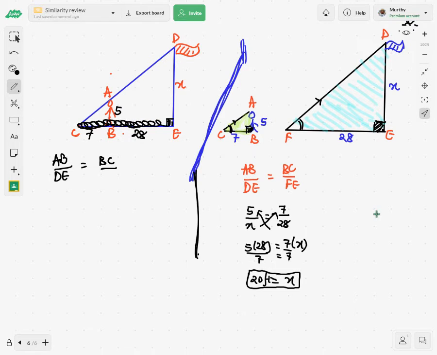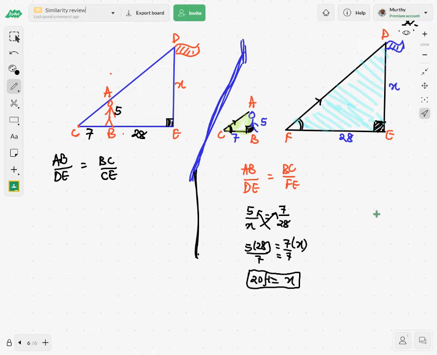Here most of you are making a mistake. You are taking BE, you are not taking CE. You are supposed to take CE.